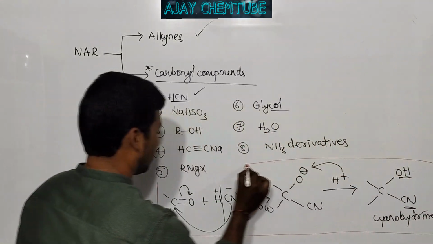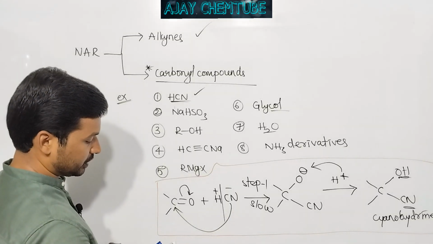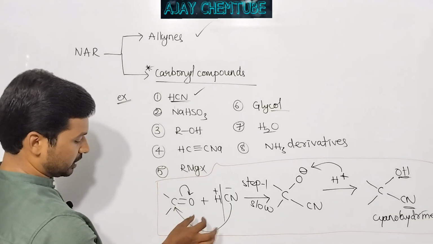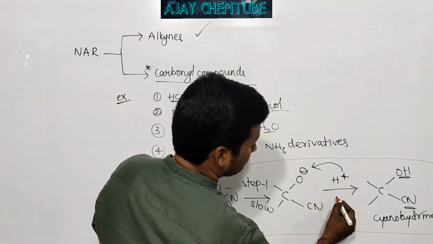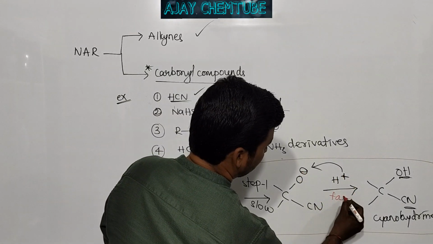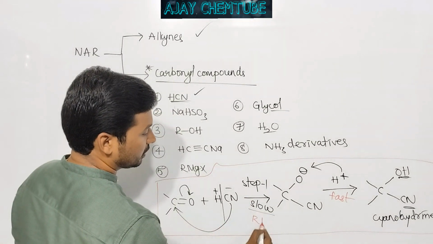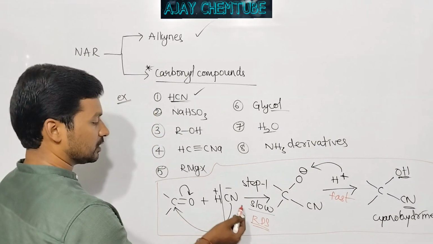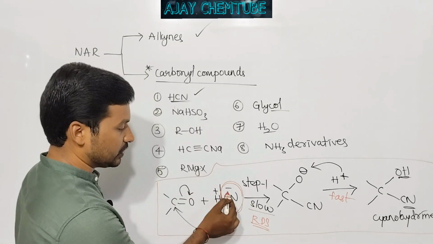Step 1 is a slow step because it is not an ionic reaction, whereas ionic reactions are fast steps. In general, slow steps are called rate determining steps. In the rate determining step, the nucleophile is involved.